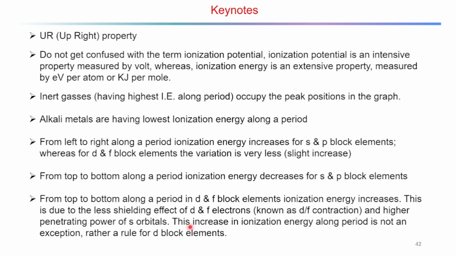So this increase in ionization energy along a period is not an exception, rather a rule for D block elements. So these many things you have to remember for the periodic trend in ionization energy.